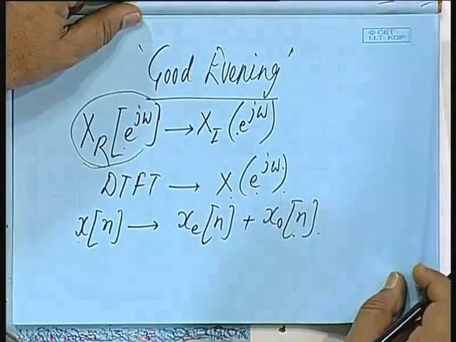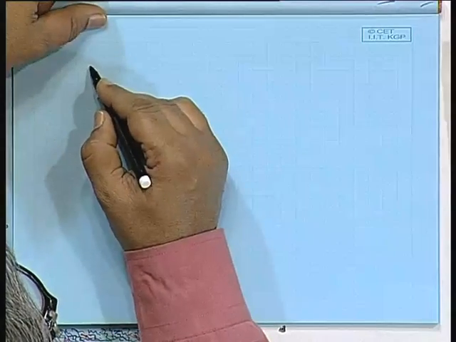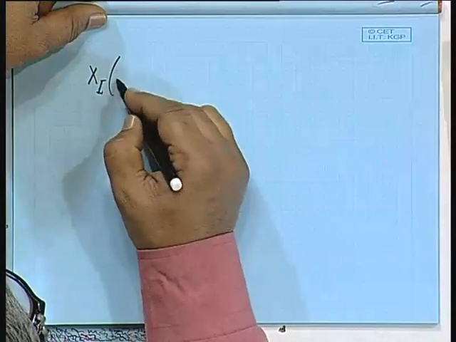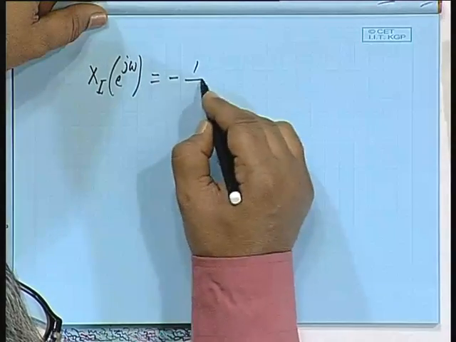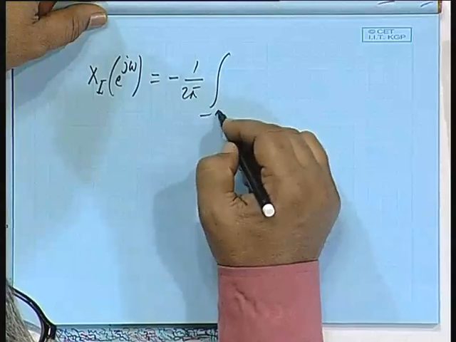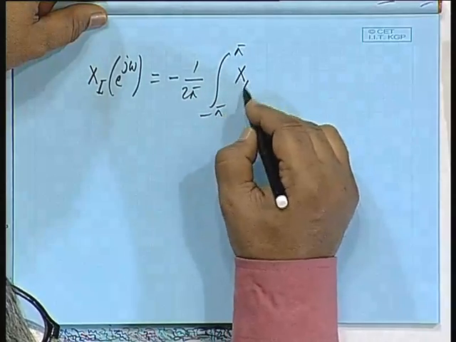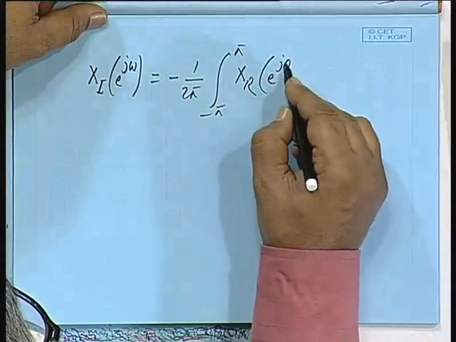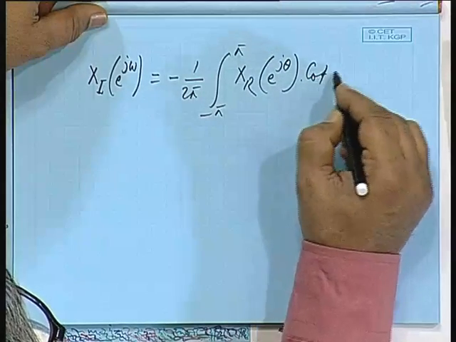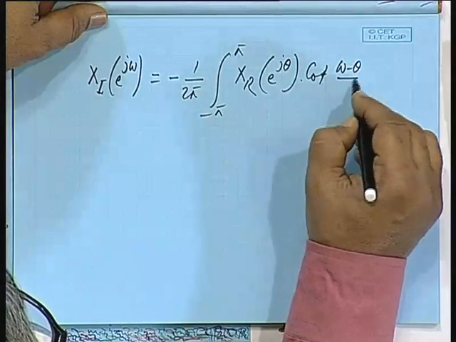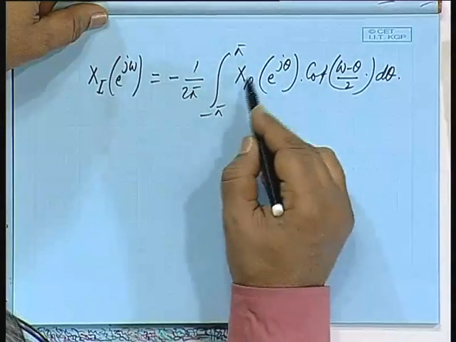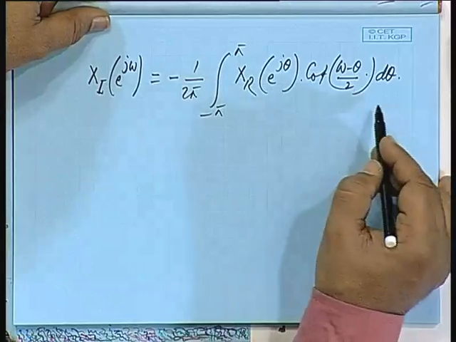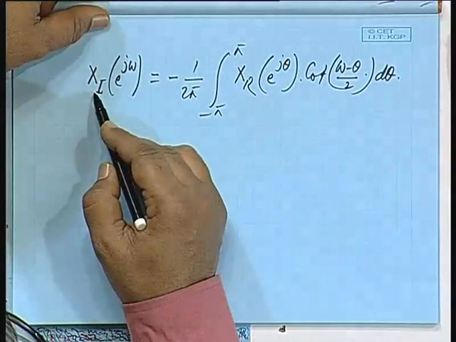Now, with this, last time we established the relation X_I(e^{jω}) was minus 1 by 2π, integral from −π to +π of X_R(e^{jθ}) cot((ω−θ)/2) dθ. That is, given the real part of the frequency transform, you can compute the imaginary part.